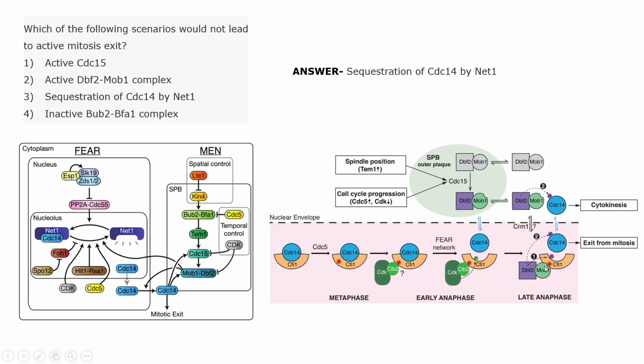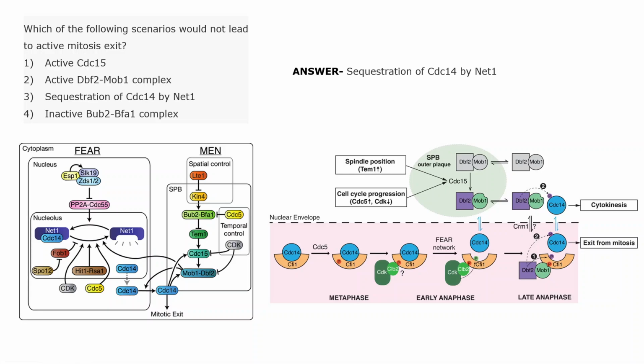Once it is recognized, it indicates that CDC14 is active. So this complex can either phosphorylate it directly within the nucleus, or the free CDC14 can move from the nucleus into the spindle polar body and interact with the DBF2 or MOB1 complex, or it can get phosphorylated outside.